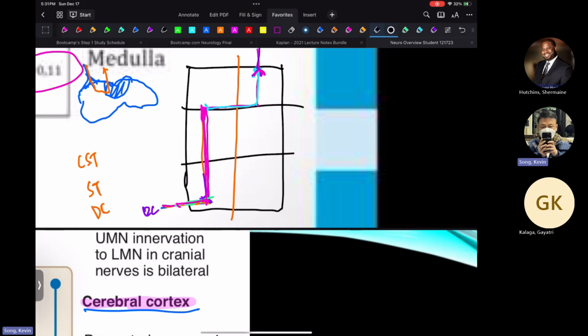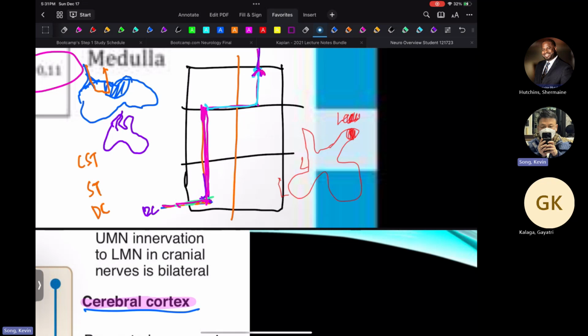Now this is the spinothalamic. The spinothalamic tract enters here, and in reality, as soon as it enters, it goes up one or two levels. It enters this way, and there's some nucleus called Lissauer's or something like that.